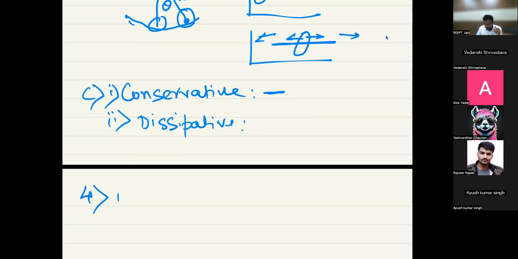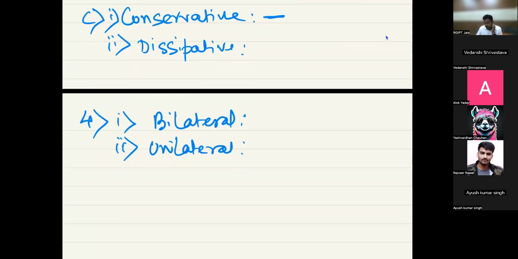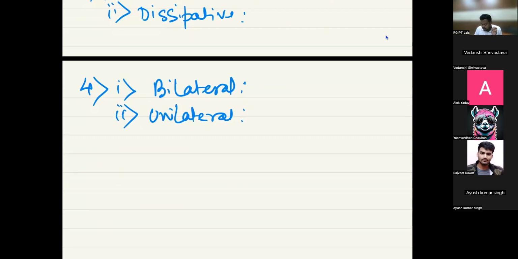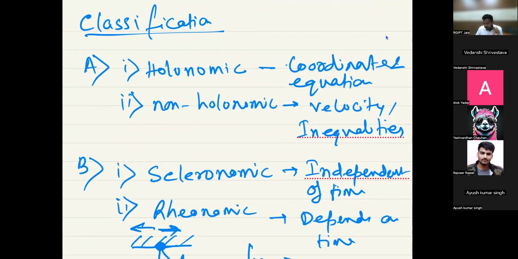And the fourth type that we told you is bilateral and unilateral. This is a little bit hard to understand. Bilateral is similar to holonomic constraint, in that it will form an equation. But in case of holonomic, we told you that it only involves the coordinates of the particles or the system of particles.